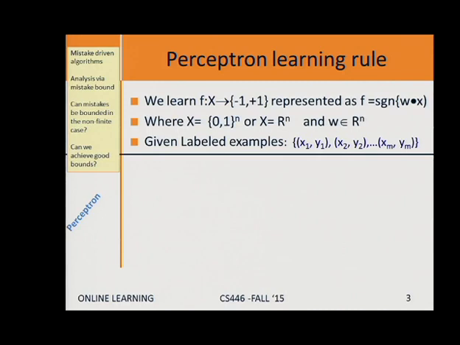When we talk about general linear classifiers, where the decision is a dot product between a real-valued W and X, the size of the hypothesis class is infinite. Can we bound the mistakes? This is actually one of the key things we want to talk about today.